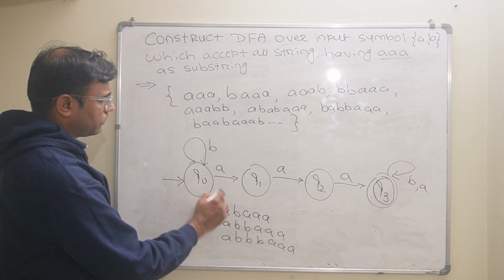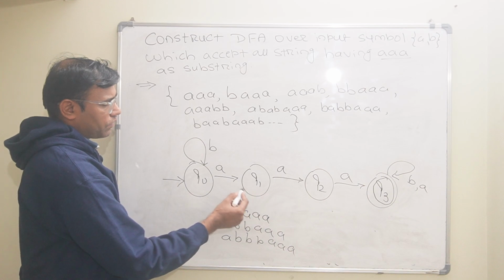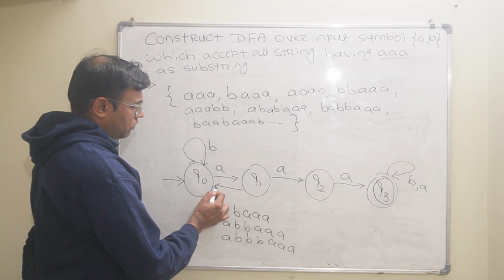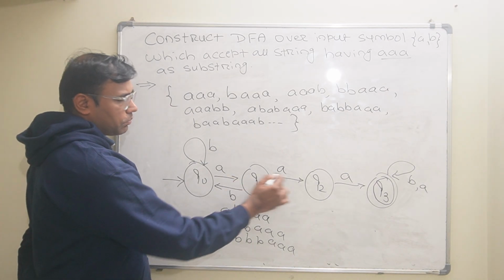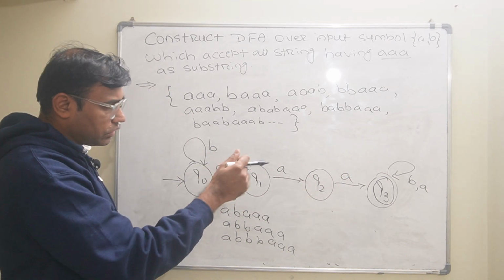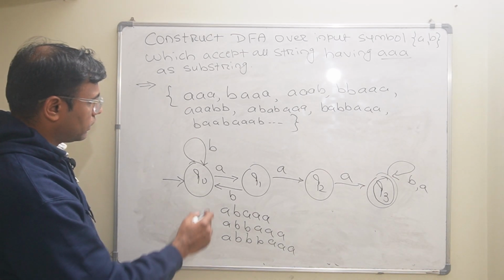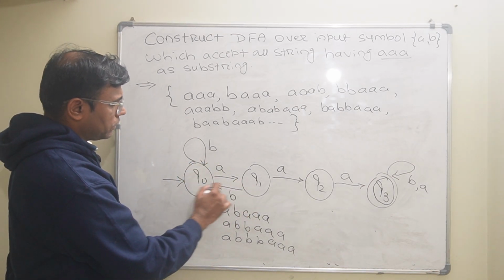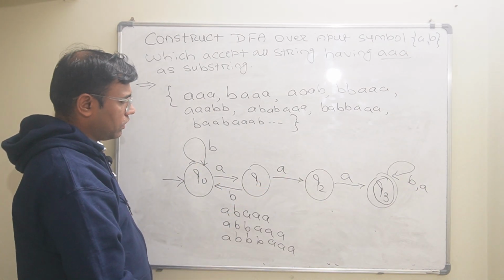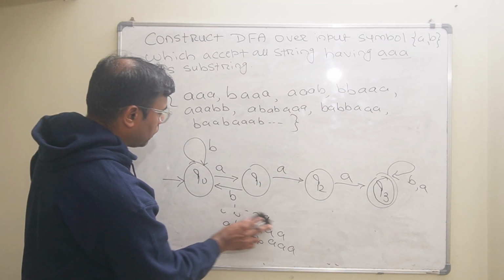So if there is AB, then there is AAA, so it is better if we come back to Q1. So A, then B, then AAA, it will reach the final state. The string is accepted only when it reaches the final state. Then ABBBAAA, any number of B and then AAA. So that solves our problem.